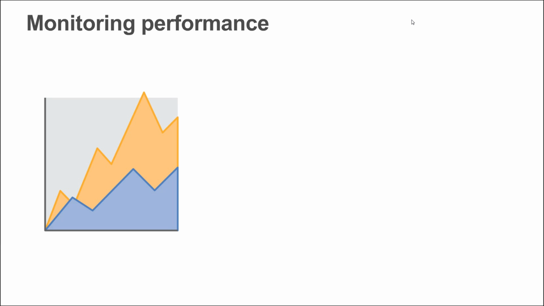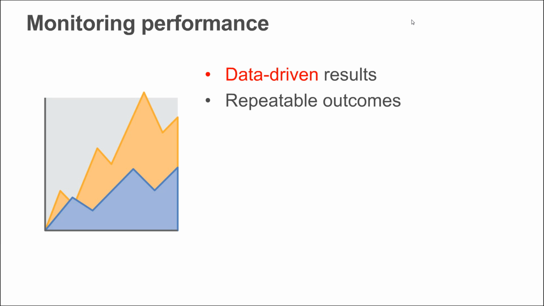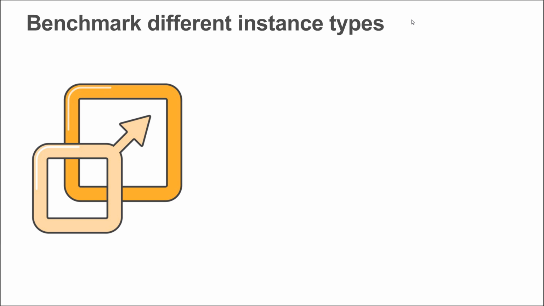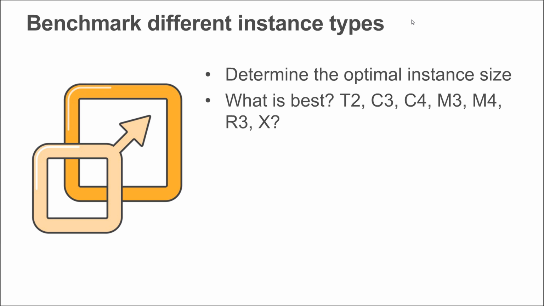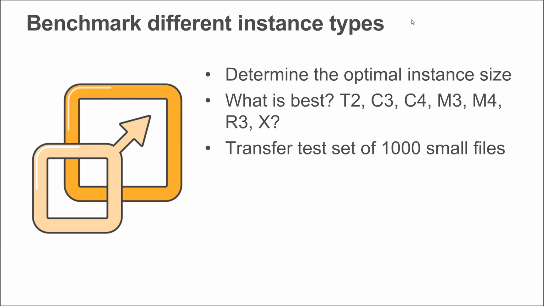And I really want to be able to optimize the transfers. So in my testing, I wanted to see what made sense, like what instance size was the best way to spin up, and also have it be as cost effective as possible. So to do that, I ran this benchmark on several instances to determine the optimal instance size across the wide fleet of instance types that we have.